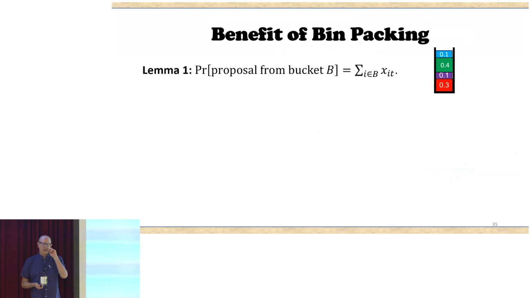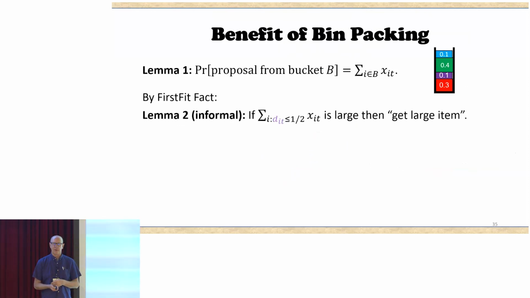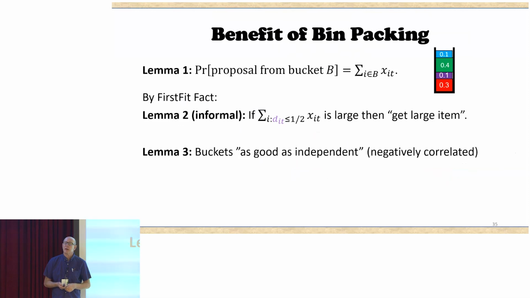Okay, so the probability of getting a proposal from a bucket is just equal to the sum of the fractions in the bucket. And if all the d's are small, then we're going to get the sum of all the x's where d is small, let's say less than half. If this sum is large, then we're going to get a large item.